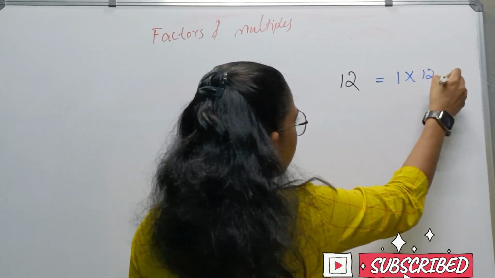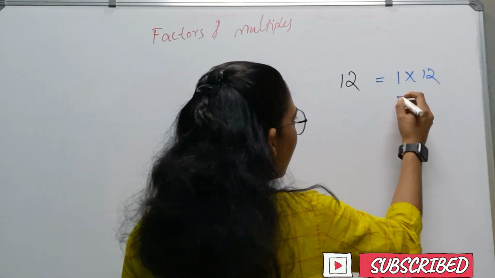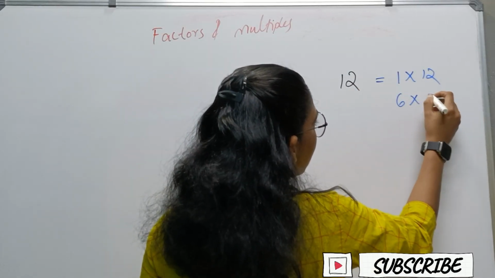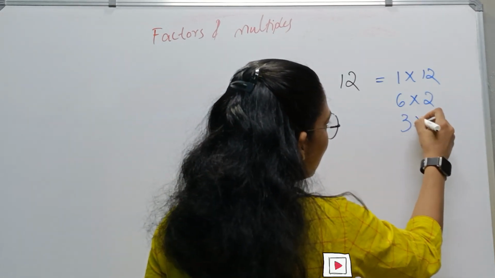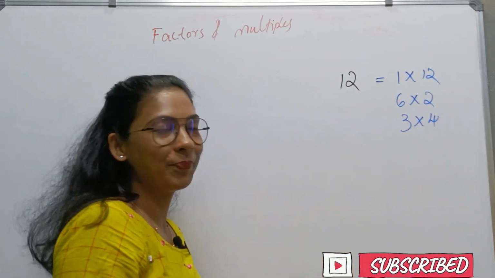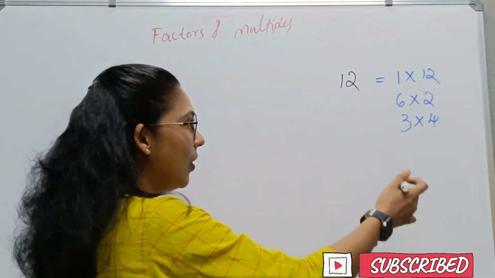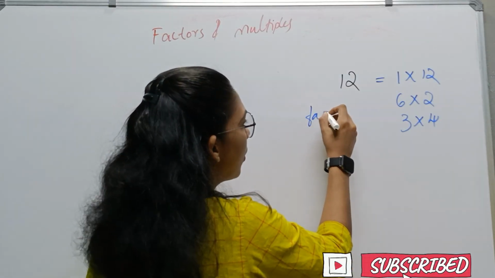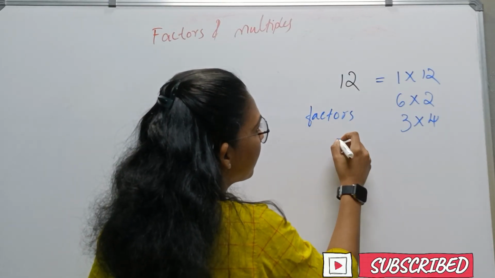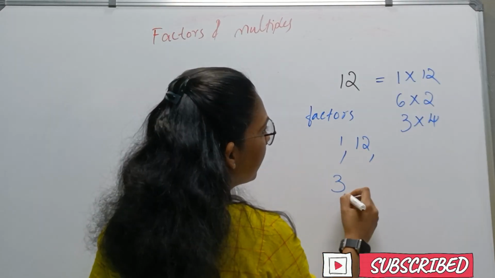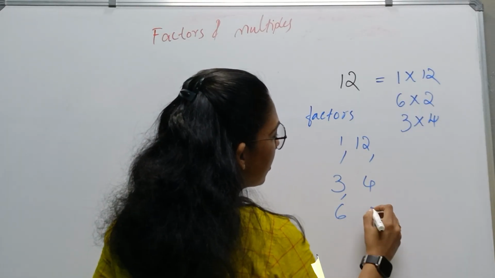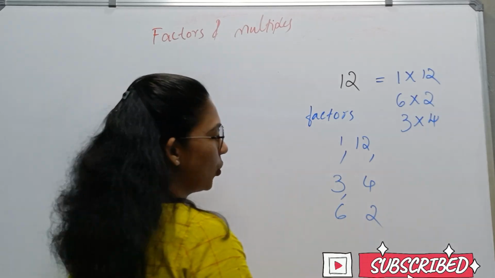1 into 12 is 12. Then 6 into 2 is also 12. 3 into 4 is also 12. So we can say that the factors of 12 are 1, 12, 3, 4, 6, 2.